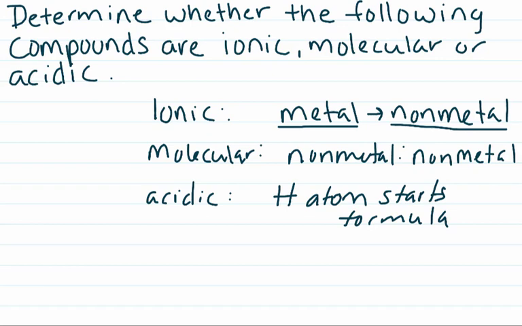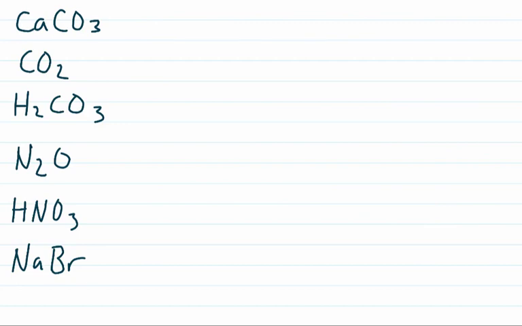Okay, so let's take a look at a list of compounds and determine whether they are ionic, molecular, or acidic. So the first question we'll ask ourselves is, does it start with an H? If we look here, we see that this does not start with an H, it starts with Ca. So that is definitely not an acidic compound. The next question is, is the first element listed a metal?